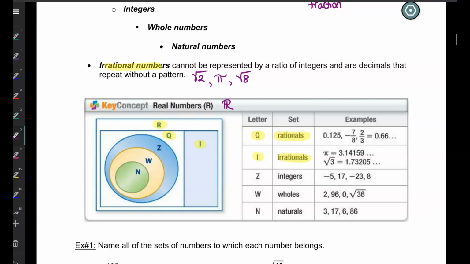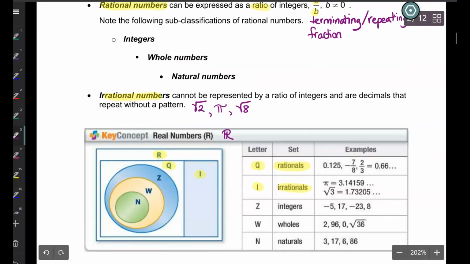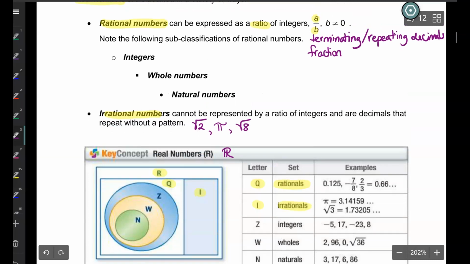Something that would be a rational number could be something like 1/3 as a decimal, because that can be simplified to 1/3. 1/3 is 0.333333 repeating.